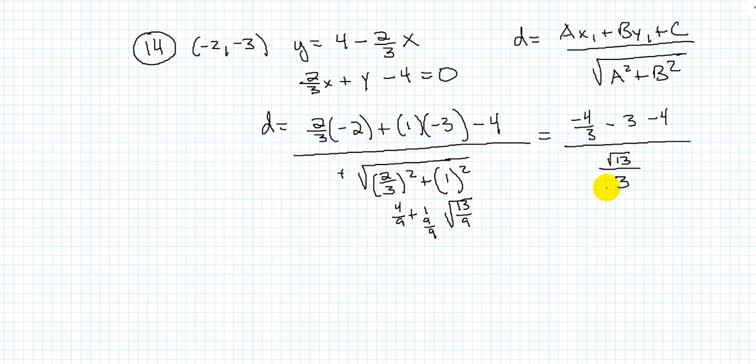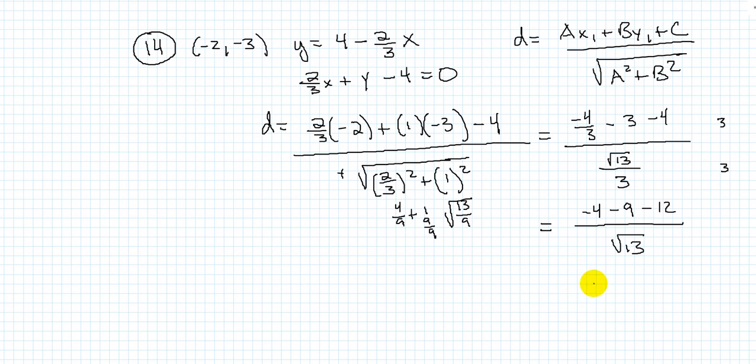At this point, I don't like fractions, so I multiply top and bottom by 3. You got to be careful because you got to distribute it into the whole thing. That means that 3 times negative 4/3, the 3's cancel out, but the 3 times negative 3 would be minus 9, and then 3 times negative 4 is minus 12, and I would be stopped right there.